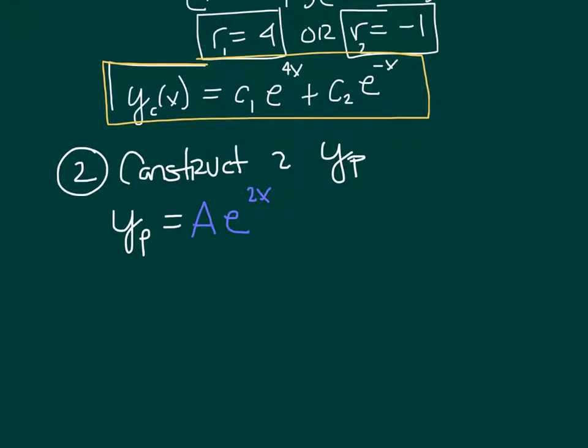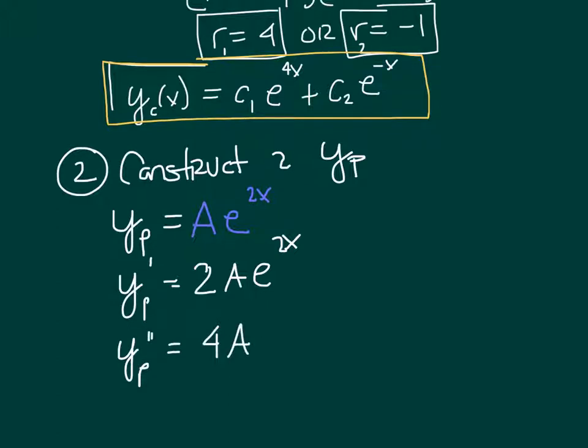We're going to use the derivative and the second derivative. If we take the derivative of y sub p, using the chain rule, we get 2a e to the 2x. And if we take the derivative again, we get 4a e to the 2x.